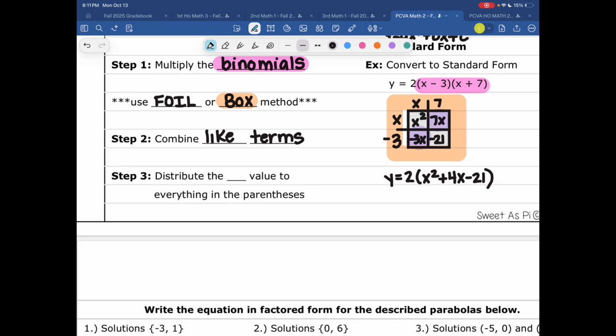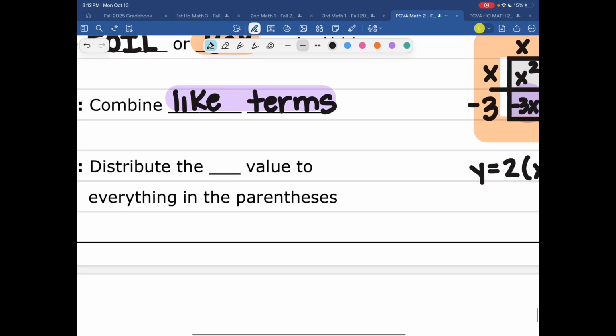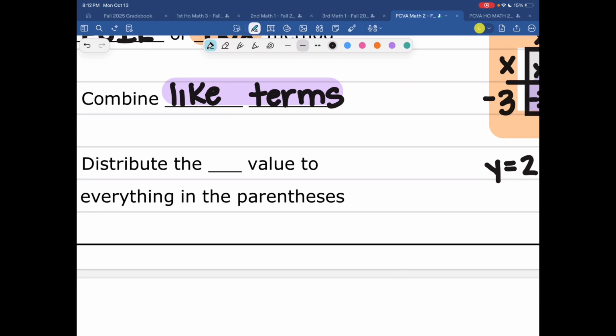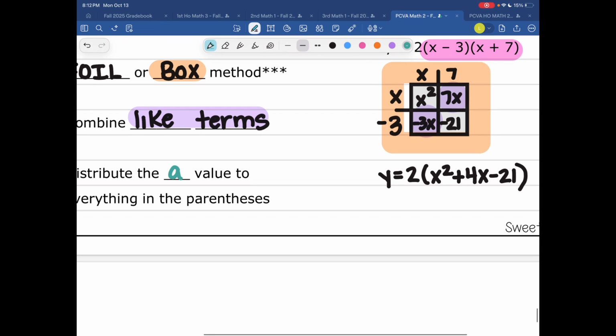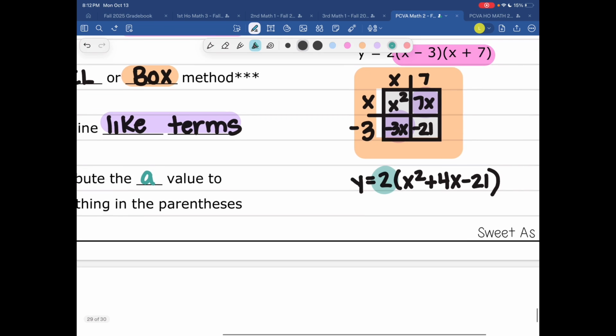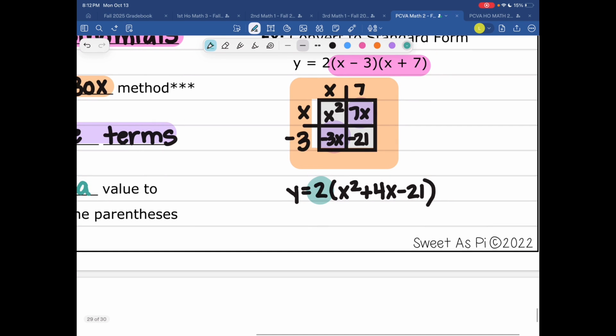All right, so once we were able to combine our like terms, we're now going to do the final step, which is to distribute the a value. So the a value in our problem is a 2. So we're going to distribute that 2 into the rest of the polynomial that we have created here.